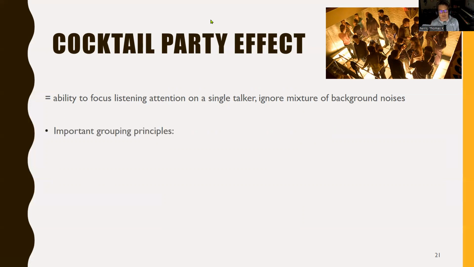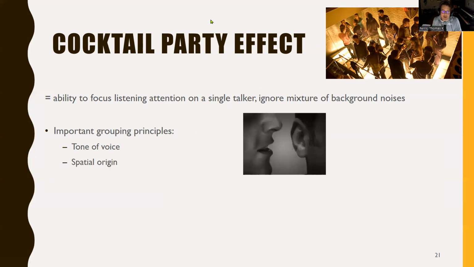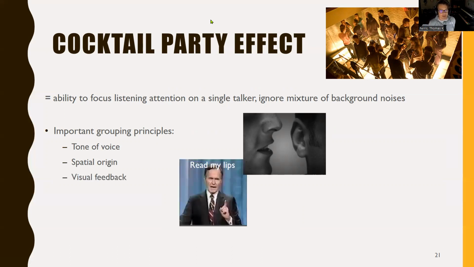In an objective way. So some of the principles we use, some of the ways that we group these things: the tone of voice. You can recognize somebody's voice by its sound, and that can help you stay oriented on that person. The origin: if somebody is talking at you from a location, you can use that clue to group that stream and go with that person.